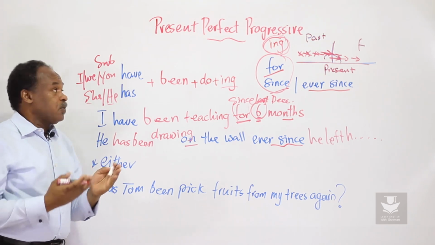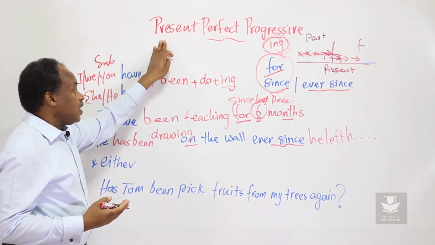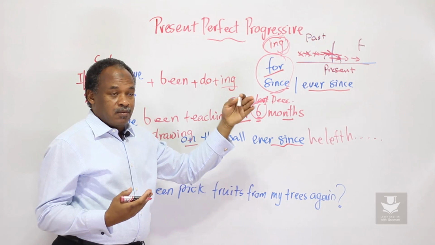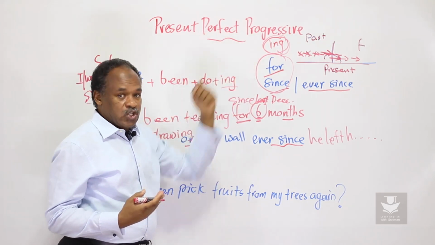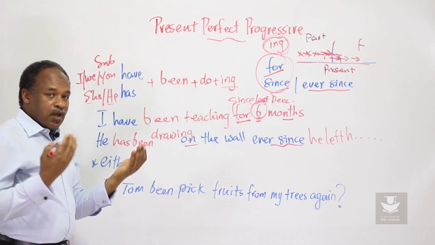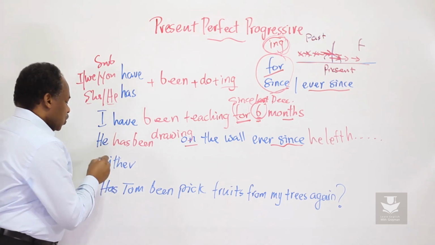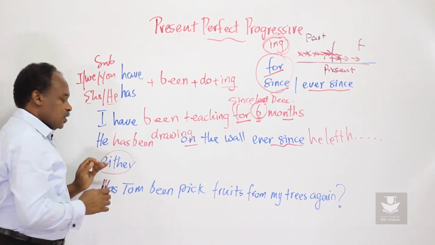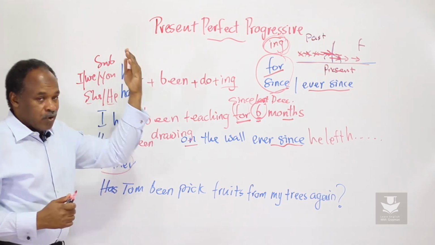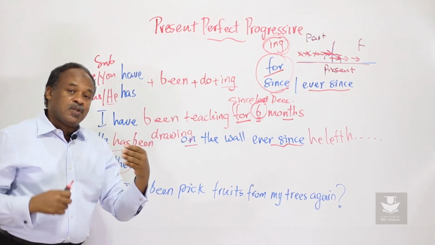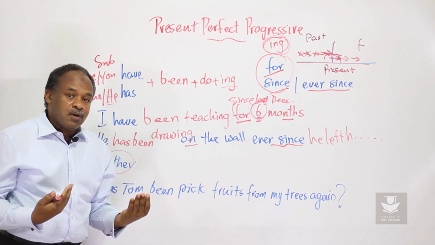I have a video, by the way, for present perfect simple, and this is the present perfect continuous. So there's similarity, and in some situations you could use either the present perfect progressive or the present perfect simple.